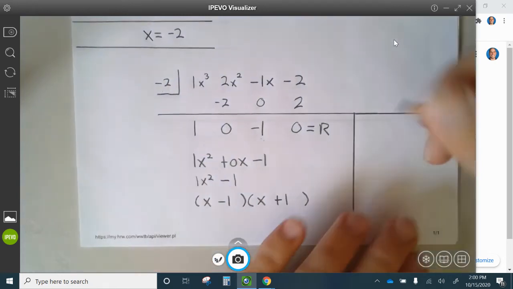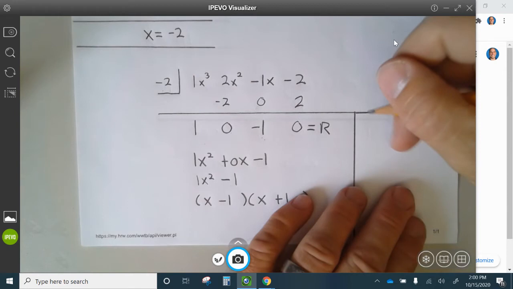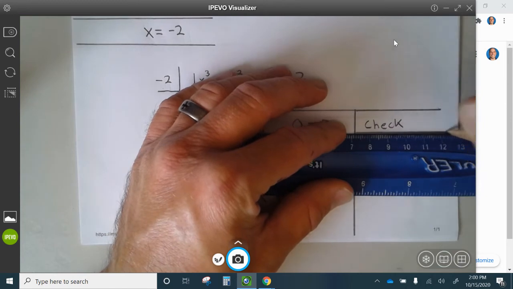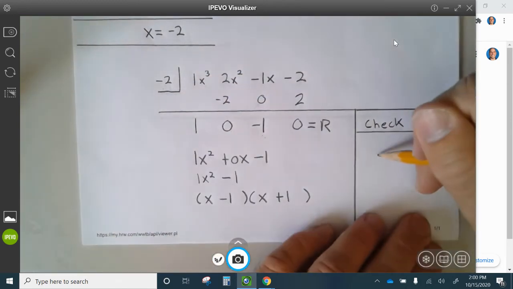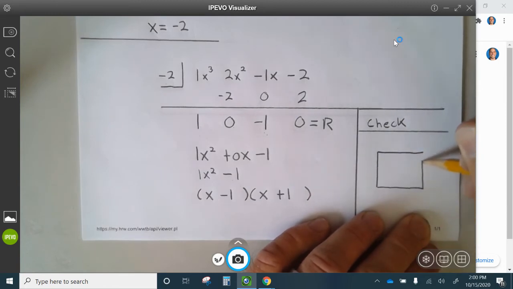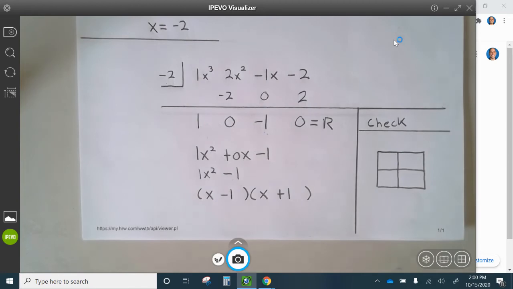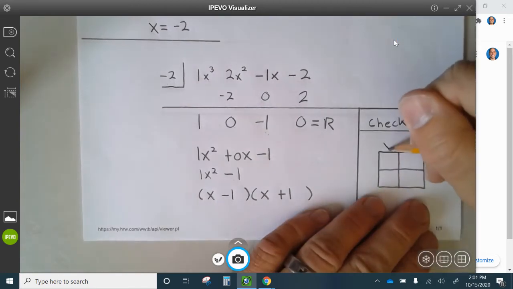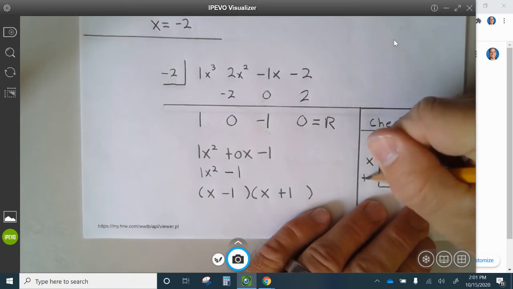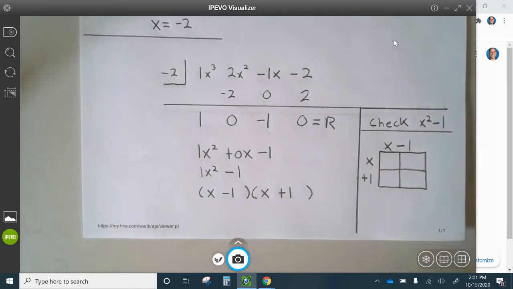And it wouldn't be a bad idea to check your factoring. Okay. So let's go and use the box method. If we did this correctly, x minus 1 times x plus 1 will give you x squared minus 1.